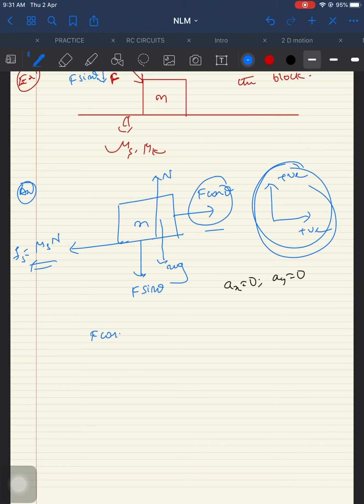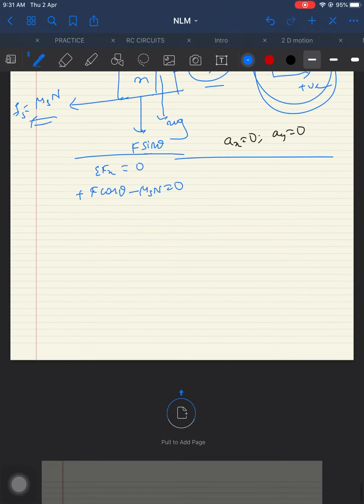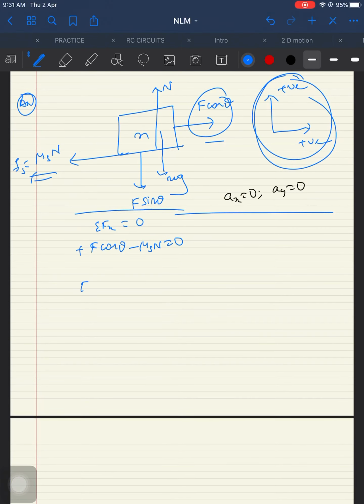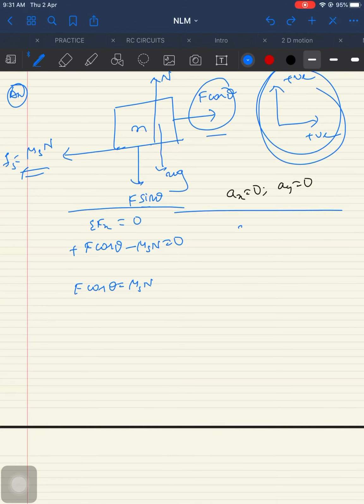F cos theta is positive. Sigma Fx is equal to 0, because m into ax is 0, so F cos theta minus mu s into N is equal to 0. So F cos theta is equal to mu s into N. Next, vertical force, sigma Fy is equal to 0.